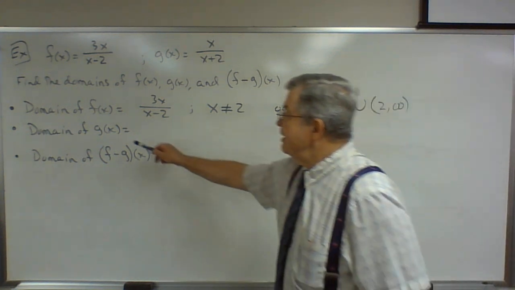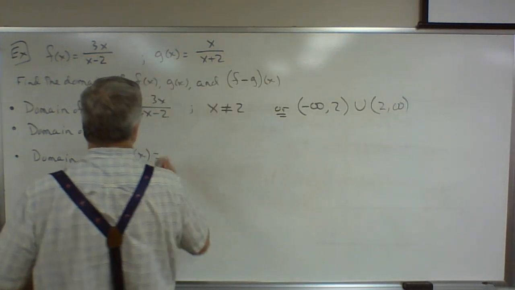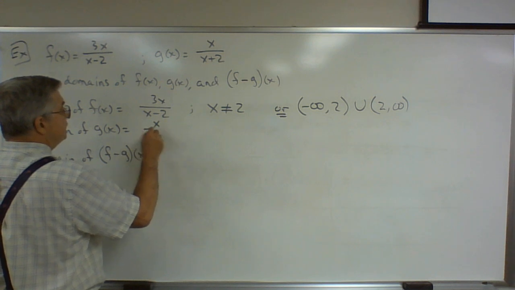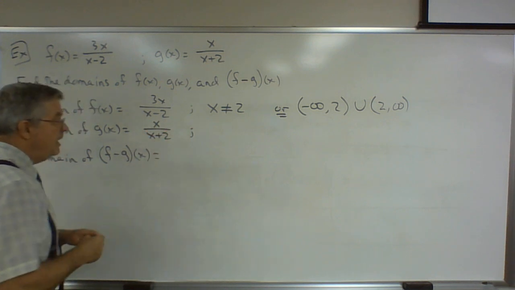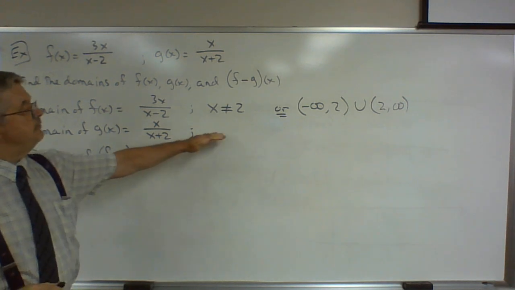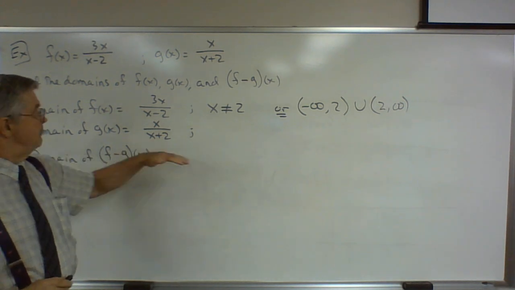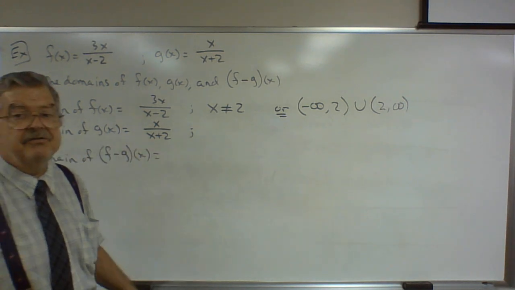Now the domain of g of x. G of x is x over x plus 2. And we start off assuming that the domain of g of x is the entire set of real numbers.